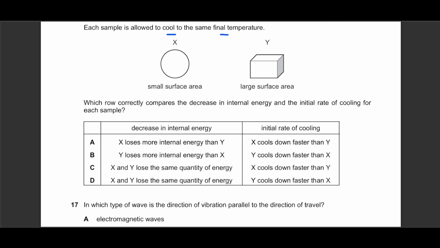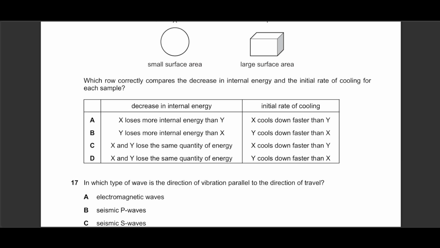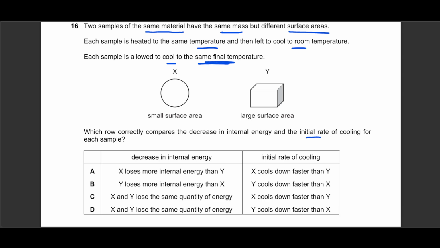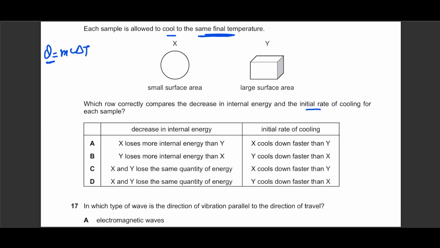Okay, good. Which row correctly compares the decrease in internal energy and the initial rate of cooling for each sample? So it says X loses more internal energy and X, no. Since they are going to come down to the same final temperature, the delta T is exactly the same. So if I multiply MC delta T to find the energy content, they have lost the same amount of energy.